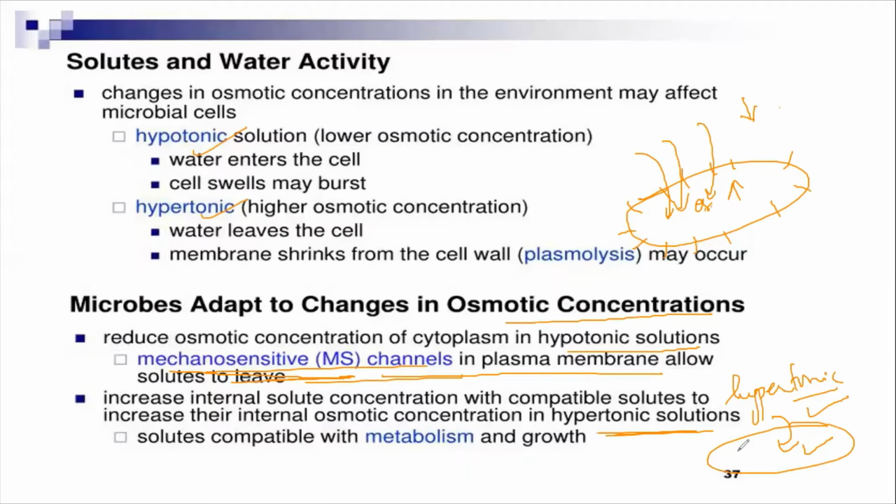They have small vacuole-type organelles where they keep the excess salt, on one side of the cell, so that it doesn't shrink or die because of the hypertonic conditions.